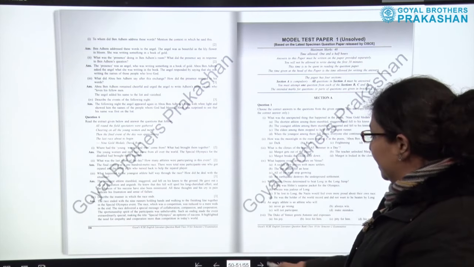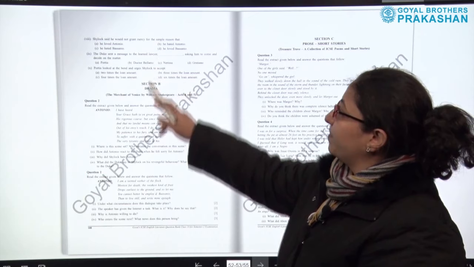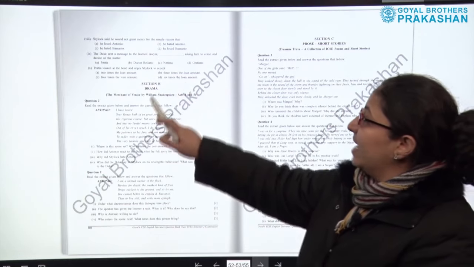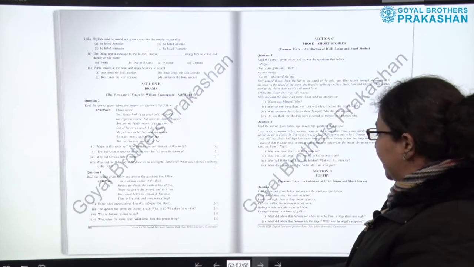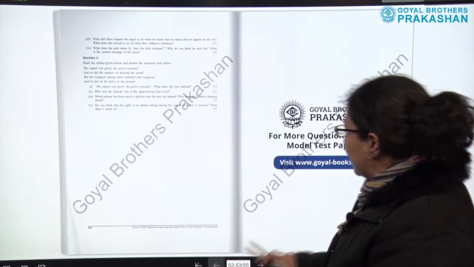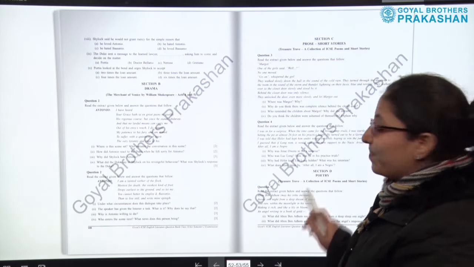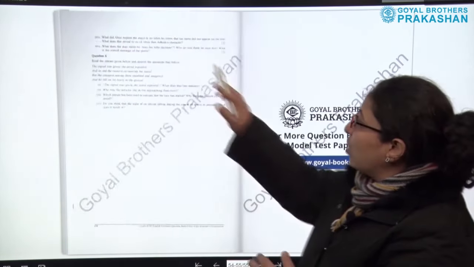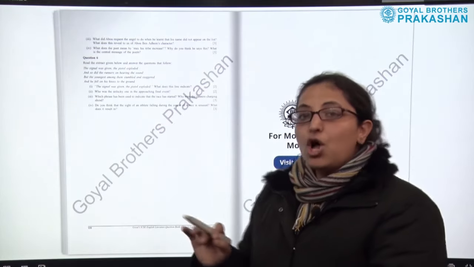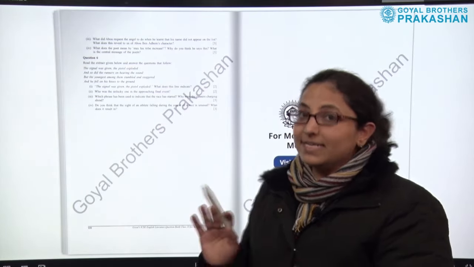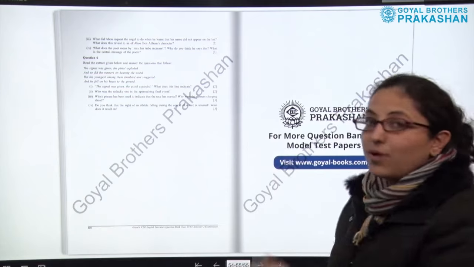Again, section A, section B is drama, section C is prose, and section D is poetry. After this, the model test paper ends. Similarly, all 5 model test papers are designed. So this is how the book is designed.